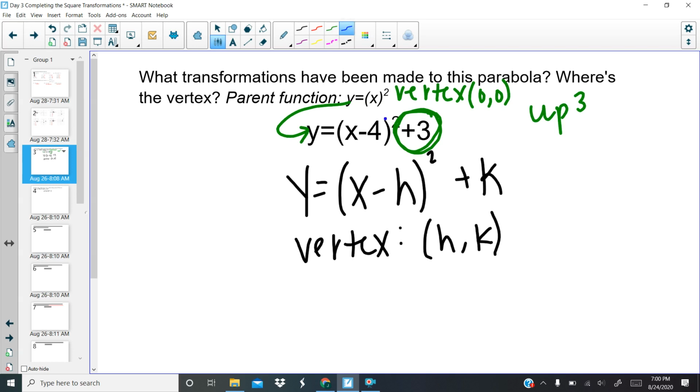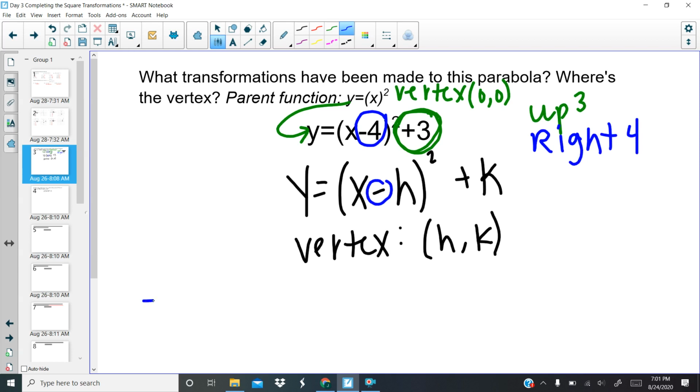And then the minus 4, since inside the parentheses we have the x minus h, means that it moves the opposite of what you would think. So if it's a minus, that actually means it moved right 4. Use the opposite of what you think whenever it's on the inside.